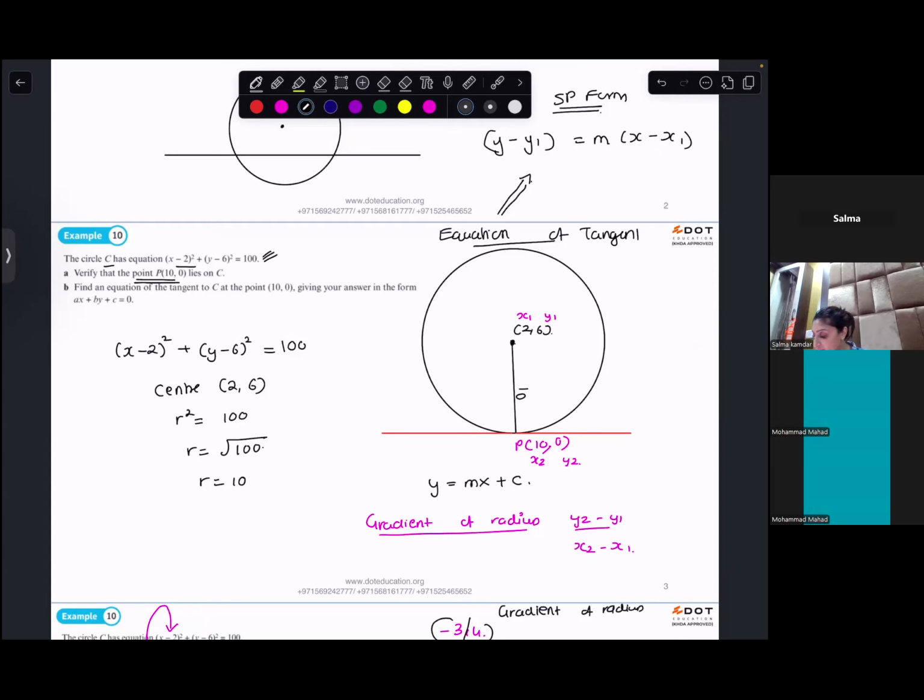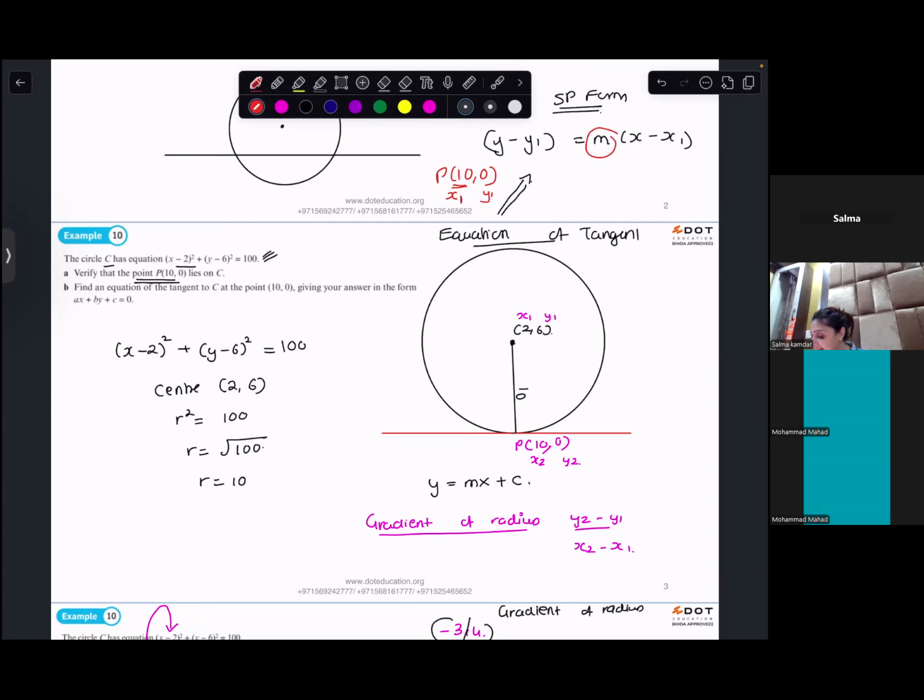Which point will we take? The one that is on the tangent, 10, 0. So P is on the tangent, right? What is the coordinate of P? 10, 0. 10 will become x1, 0 will become y1.